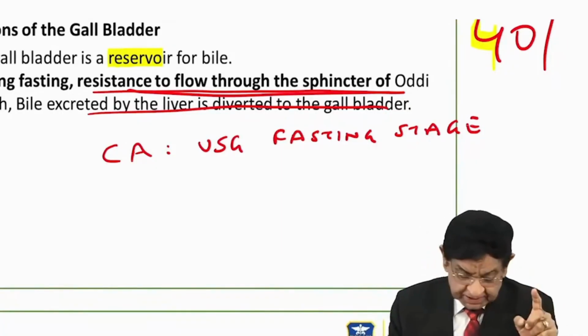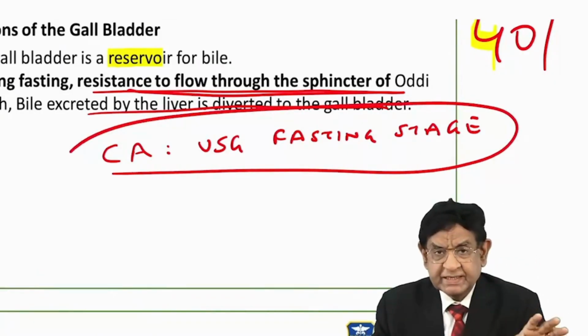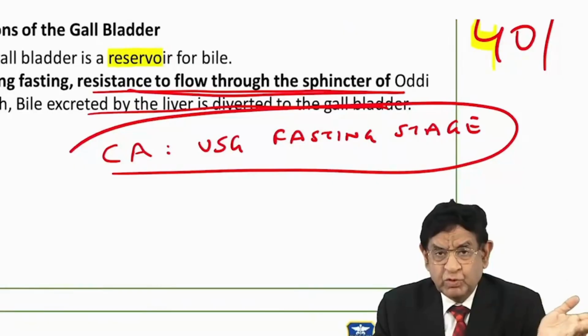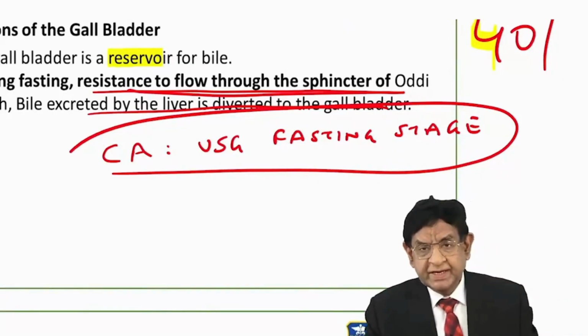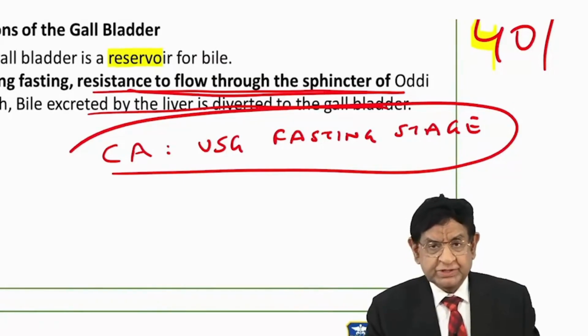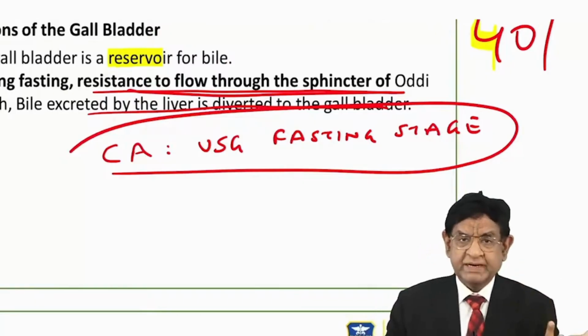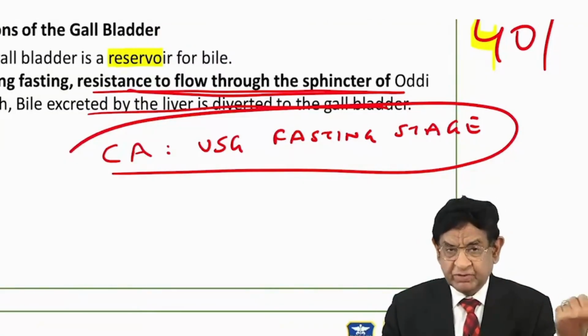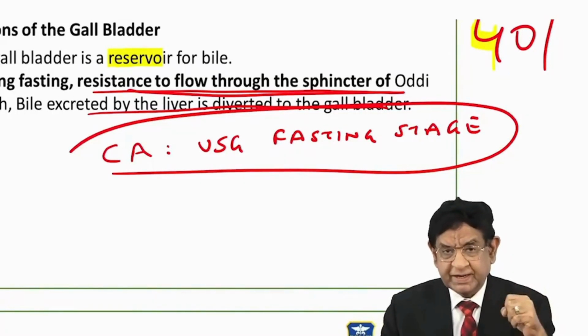Always remember this, the golden line. You have to tell the patient to come on an empty stomach. You don't even have to take a cup of coffee or tea. It should be an empty stomach. As a result, the gallbladder will be fully distended and it will be good for the ultrasonographer to look into the gallbladder. This is the clinical application.